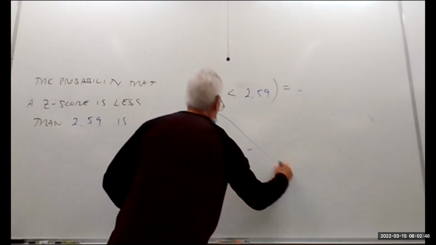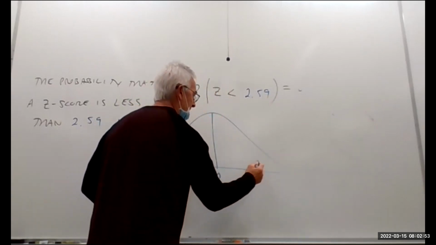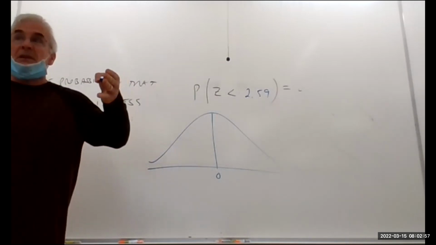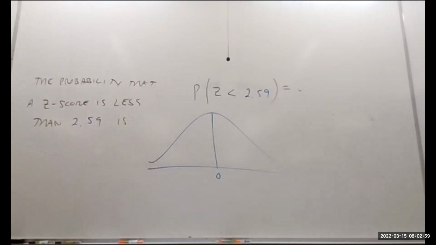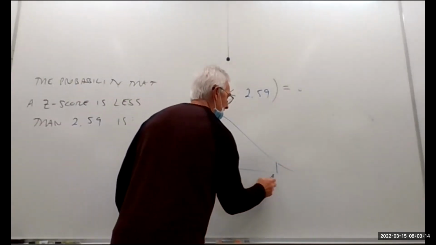Now, if zero's in the middle, and remember, we said the curve itself literally is only between -3 and 3. It's extremely rare to have a human being or be anything more than 3 standard deviations in either direction. That's actually really hard. In fact, in many situations, you can't even get that far away. Okay, so 2.59 would be way the heck out here.